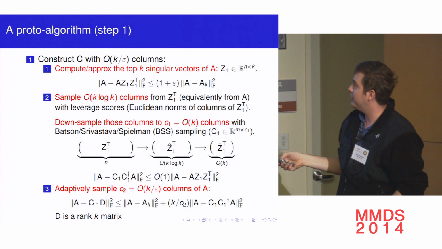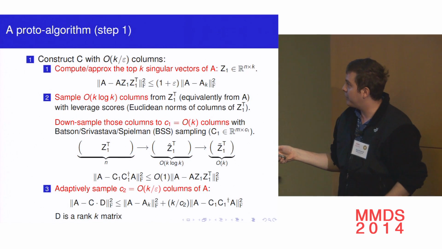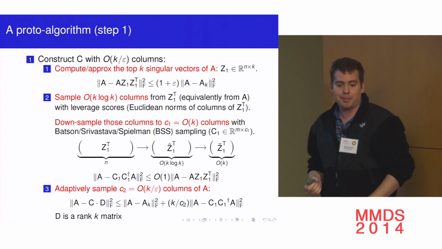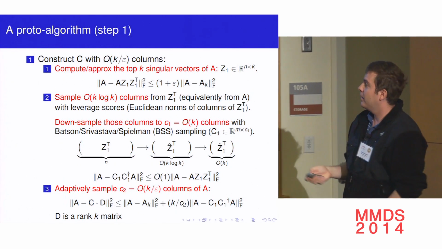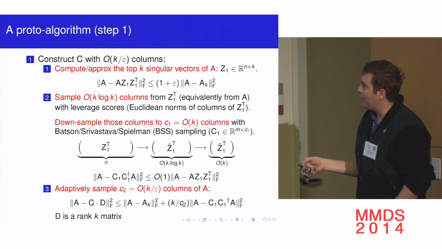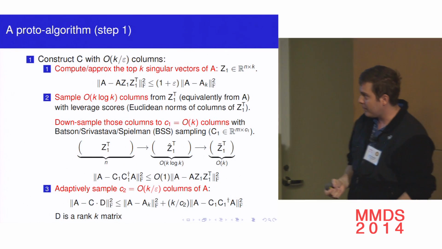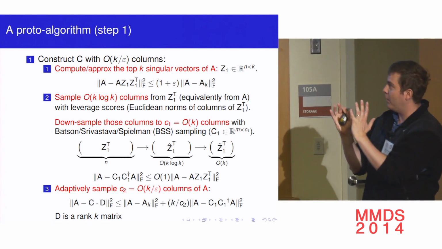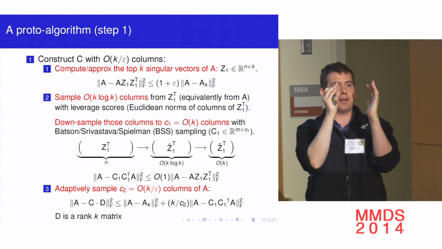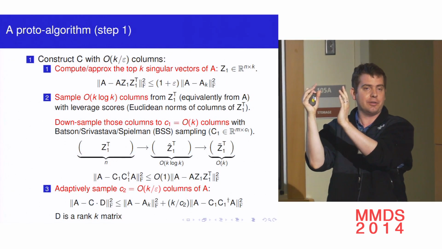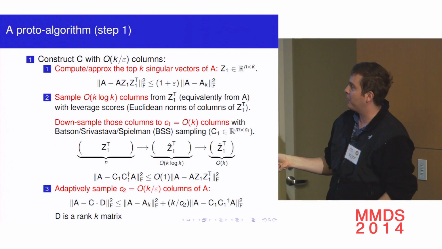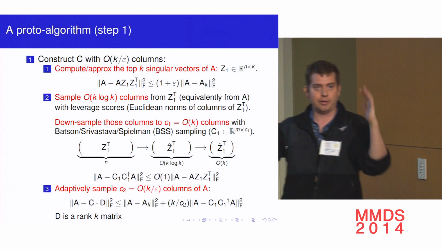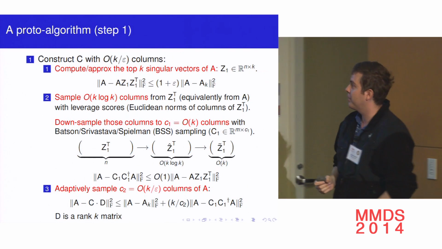So if I set C2 to be k over epsilon, then this whole term here is epsilon times the optimum cost, Frobenius norm of A minus A_k. And so overall, I get a 1 plus epsilon approximation inside the columns, the original order k columns adjoined with the additional k over epsilon columns I choose via adaptive sampling. And that's what I'm denoting by this matrix C, the union of those two column sets.